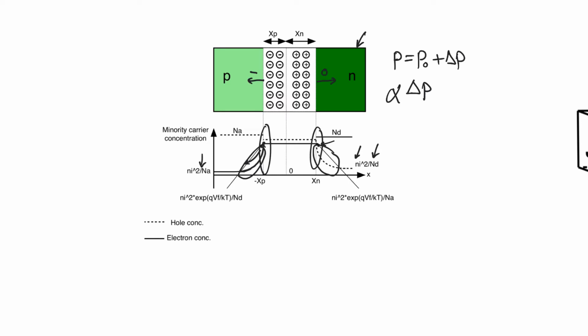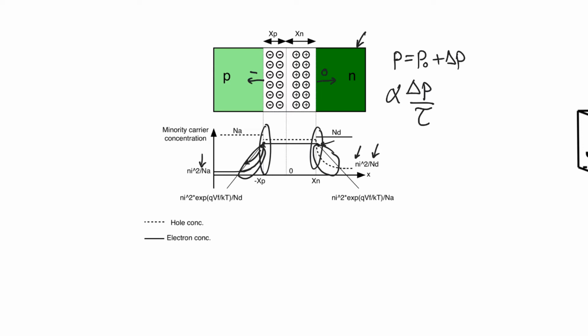So if you push a lot more excess holes into the n side, you're definitely going to have a lot of recombination happening. So it's going to be proportional to delta P. But it's also going to be inversely proportional to something called the lifetime of holes in the n side. This is how long a hole can remain intact as an excess hole in the n-type silicon.